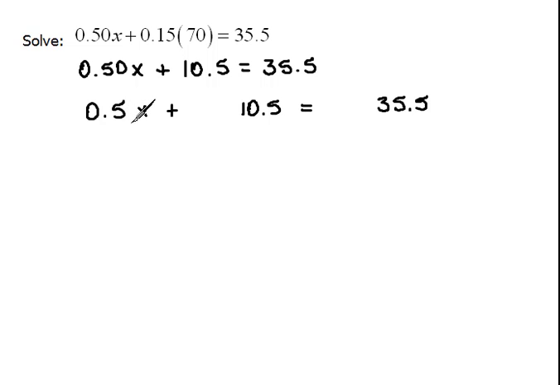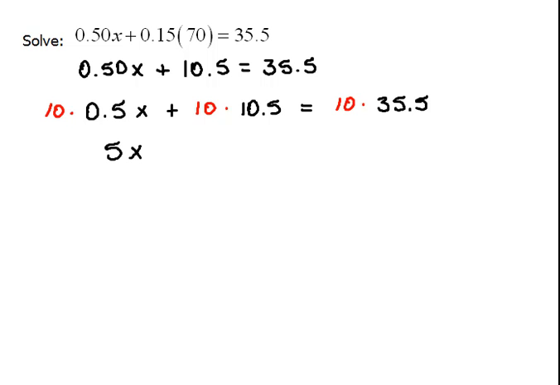Now each one of these decimals has one decimal place. One decimal place, if you'll remember your place values, is a tenth. So if I multiply each one of those terms by 10, then 10 times 0.5, all we have to do is move our decimal over one place.